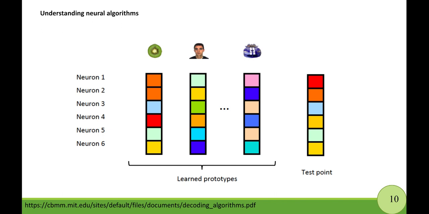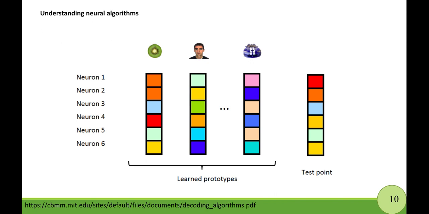And we have some testing stimulus from the same objects that we show to that human or monkey, and we recorded the neural activity this way, and we want to predict whether this neural activity is a kiwi or a human face or something else.